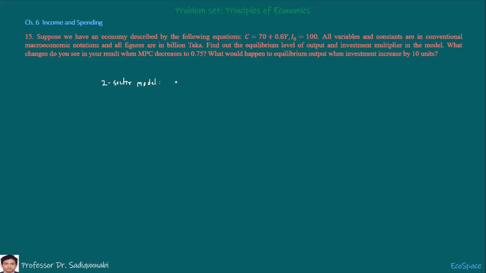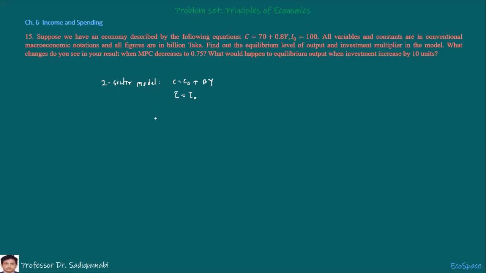So in the two-sector model, we have C equals C naught plus beta y, and I equals I naught. And plugging these two equations into our aggregate demand identity.